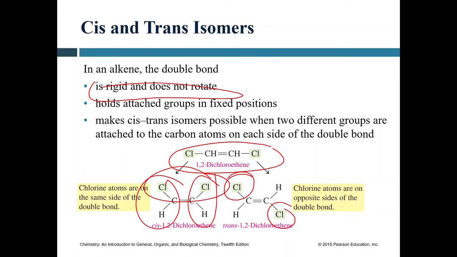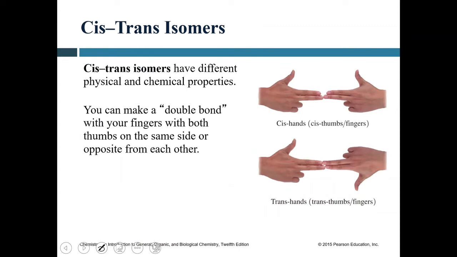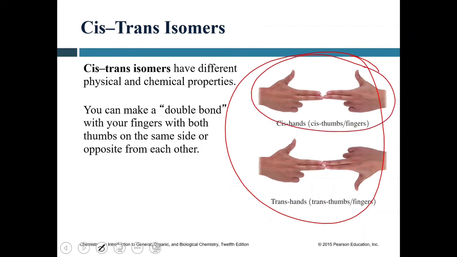So essentially this is the cis isomer, cis because the substituents are on the same side. And here you have the trans isomer because substituents are on opposite sides. Cis and trans isomers have different physical and different chemical properties.